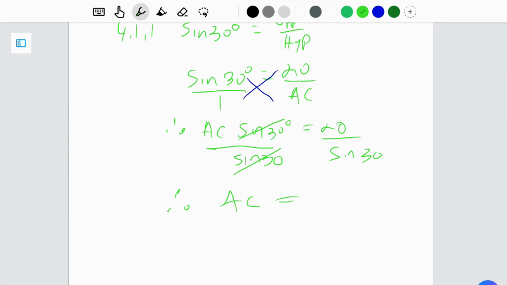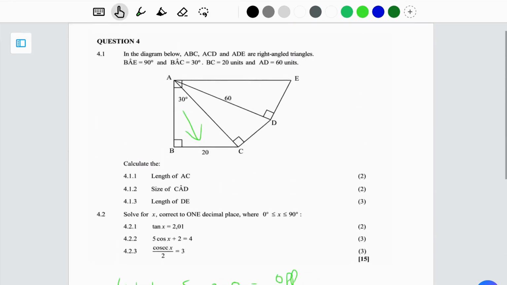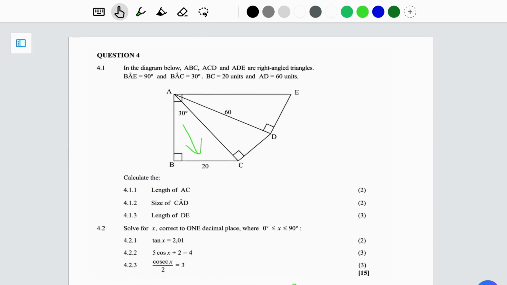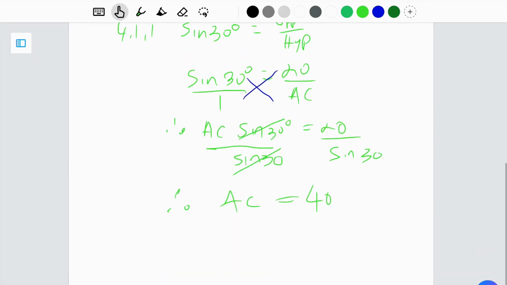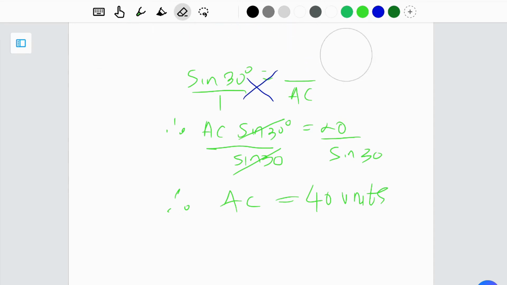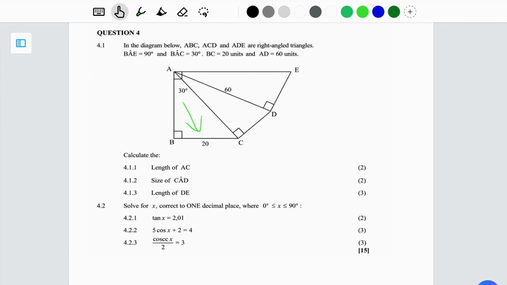So AC equals 40, and as you can see in the question, BC, which was that opposite side there, is 20 units. So the unit of measurement in this case we're just going to say units, so AC equals 40 units. I'm going to take this away so I can have some space again. We now know that our hypotenuse here is 40.